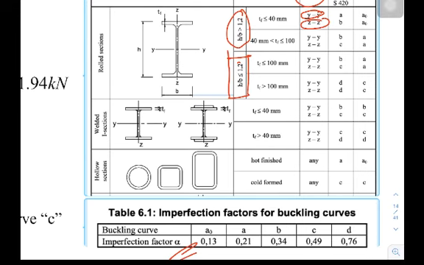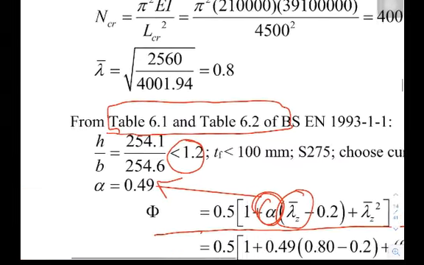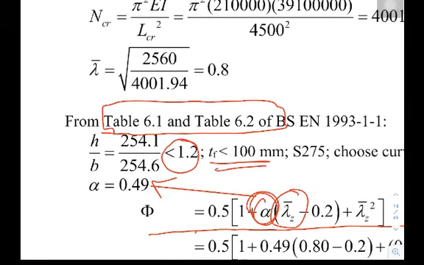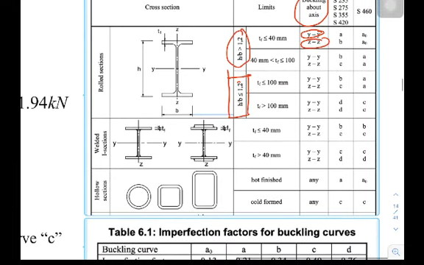And the TF is the thickness of the flange. TF is less than 100. Here, TF is 100, which is this one here. And now, since the buckling axis, it fails at the Z axis. Remember just now, this is the minor axis.